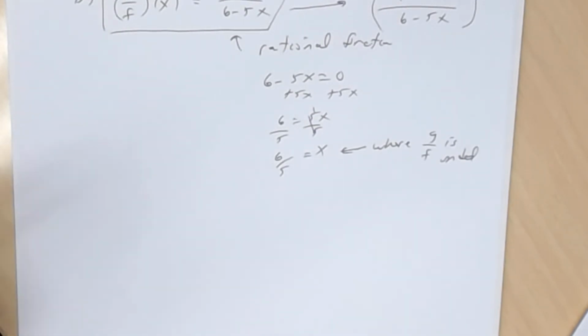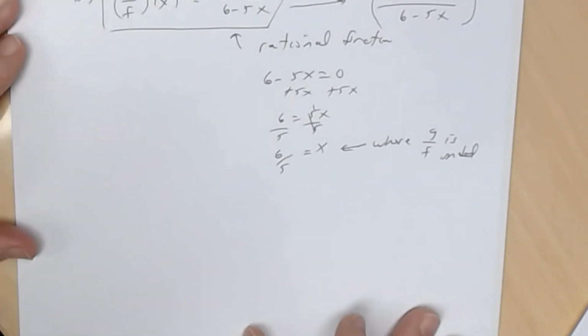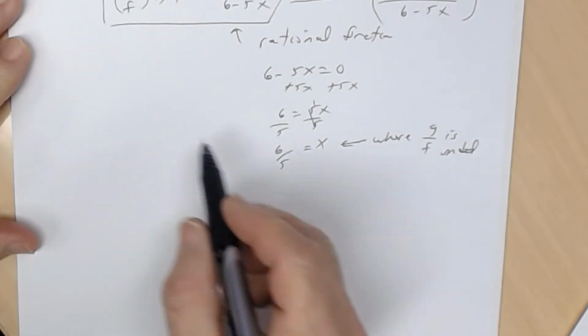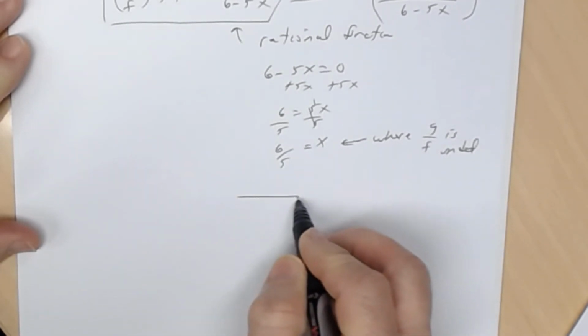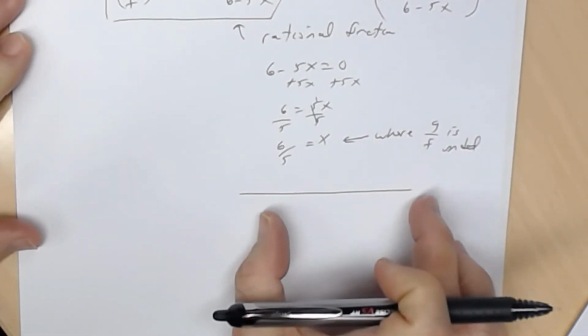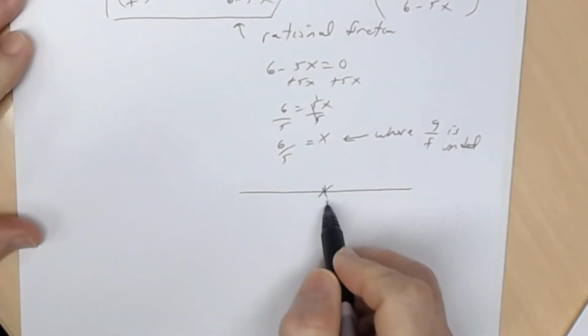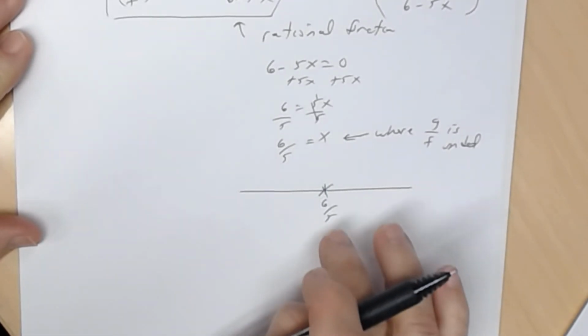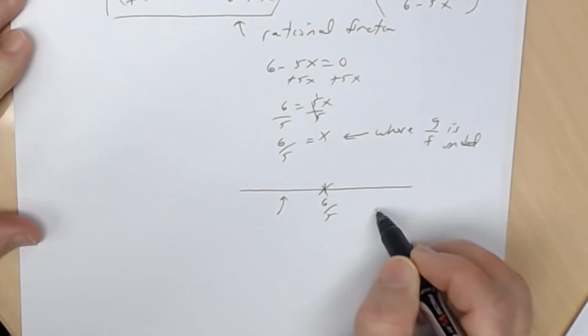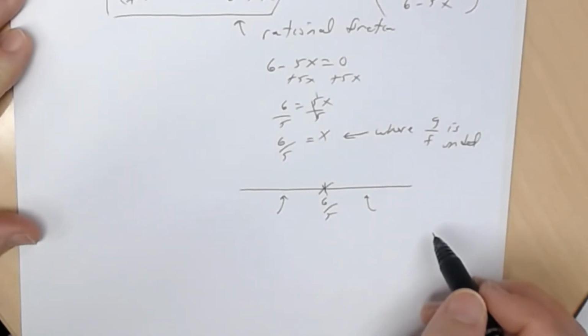Okay, so what that means is this. That means that in terms of my number line, my domain will be all real numbers except 6/5. So notice that 6/5 divides the number line into two intervals, into two parts.